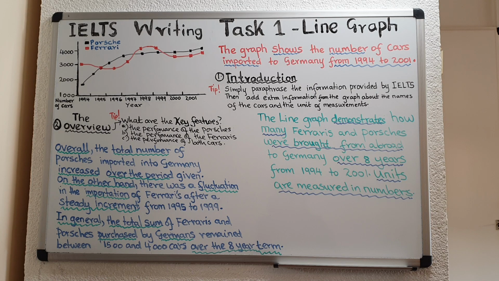A fluctuation means it keeps going up and down. There was a fluctuation in the importation of Ferraris after a steady increment from 1995 to 1999. When you look at the red line from 1995 to 1999, it keeps going up, and then it goes down.